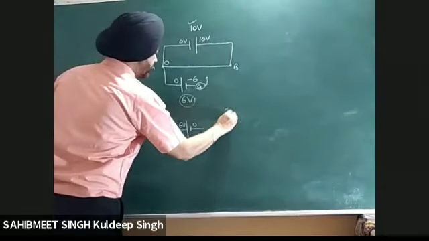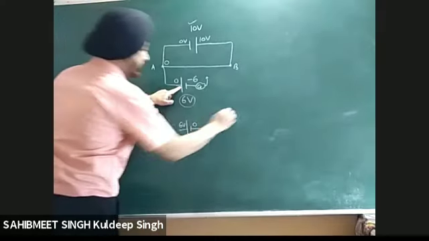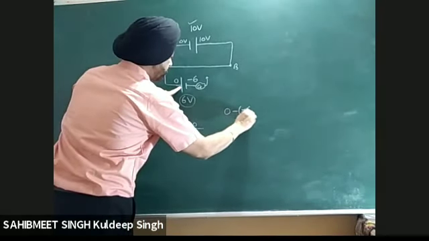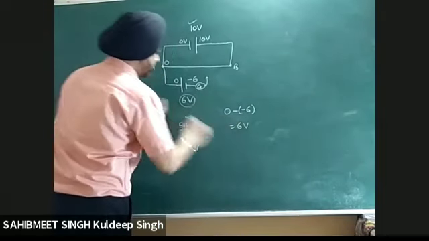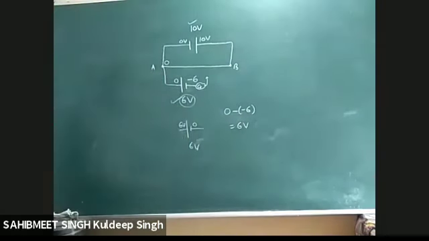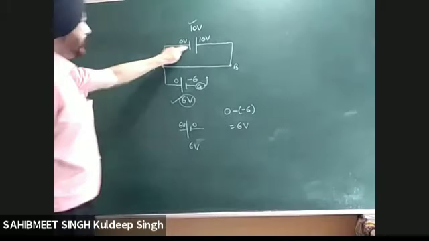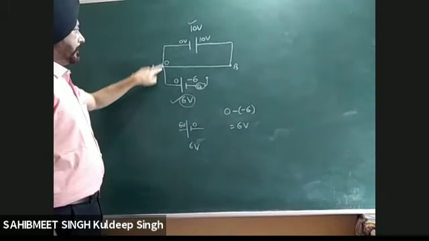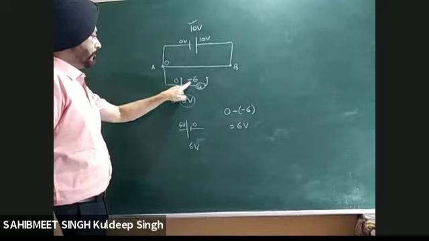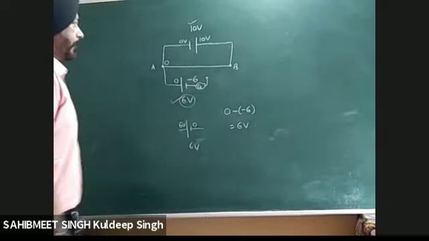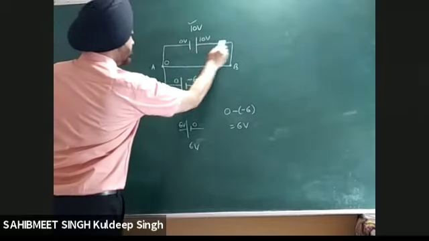When you subtract positive minus the negative terminal voltage, the answer is 6 volt. True. So when you take this point at 0 volt by giving importance to this cell, then this terminal becomes -6 volt.